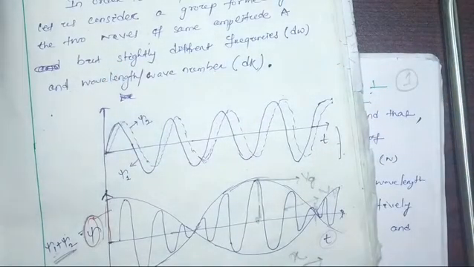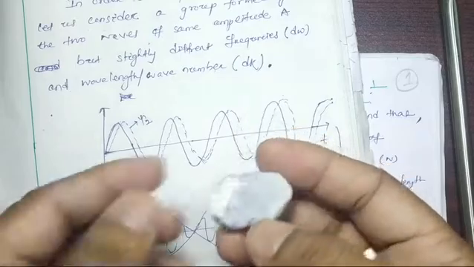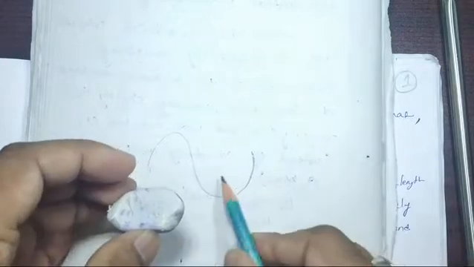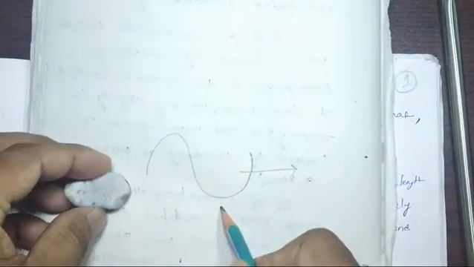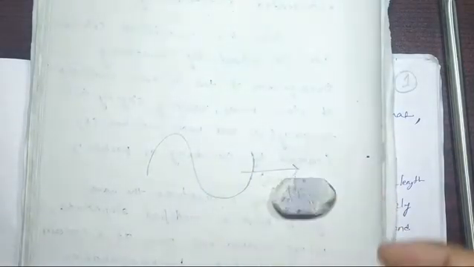One thing I am going to discuss with you: suppose this is a particle. If it has wave nature, consider only one wave which represents this particle. In our previous classes we found that sometimes this wave is moving ahead of the particle, and sometimes the particle is moving ahead of the wave.